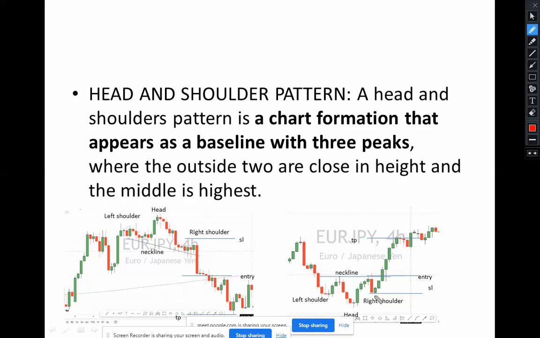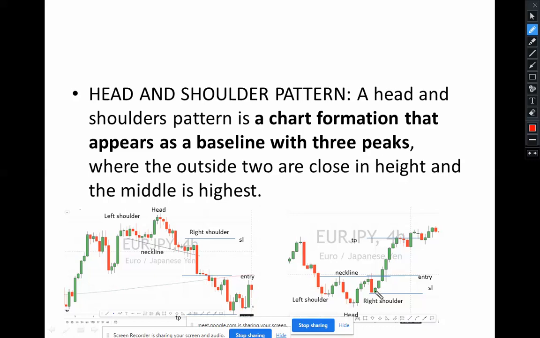Same thing here. This is the inverse head and shoulder pattern, just like the opposite of this. So this is inverse, like inverted, upside down. Here we have the left shoulder, we have the head. See that the head is the lowest one.